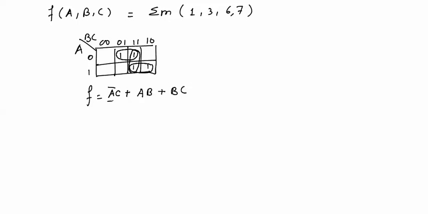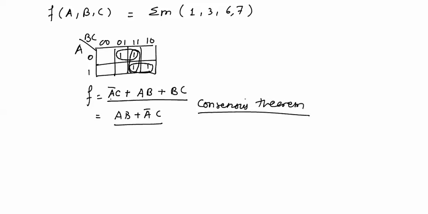But in this expression, there are three variables A, B and C, all used twice. Only one variable has both its complemented and uncomplemented form. So using the consensus theorem, this can be reduced to A B plus A bar C. So here we have applied the consensus theorem, meaning we have applied Boolean theorems to simplify it.